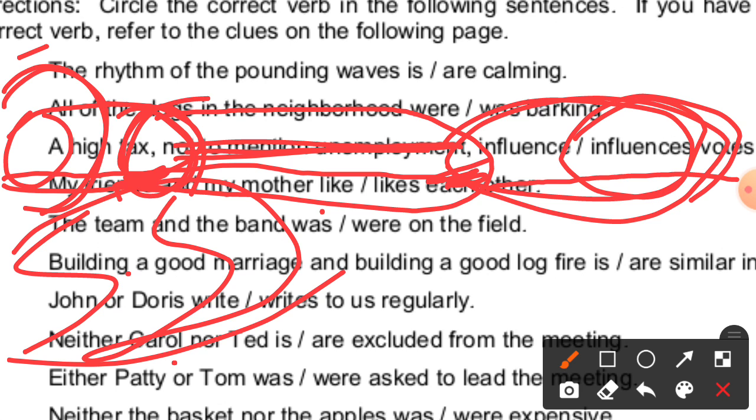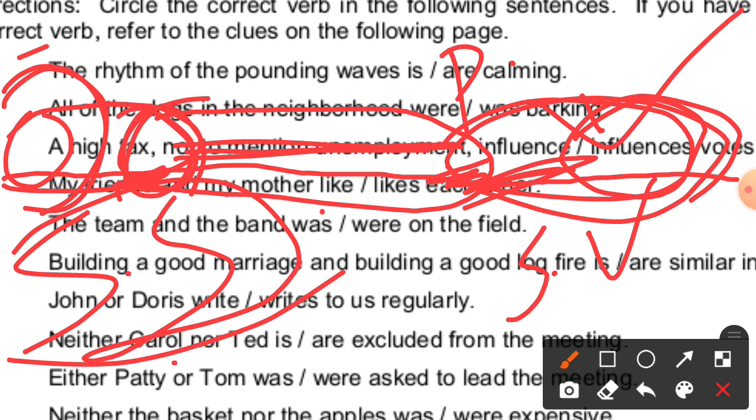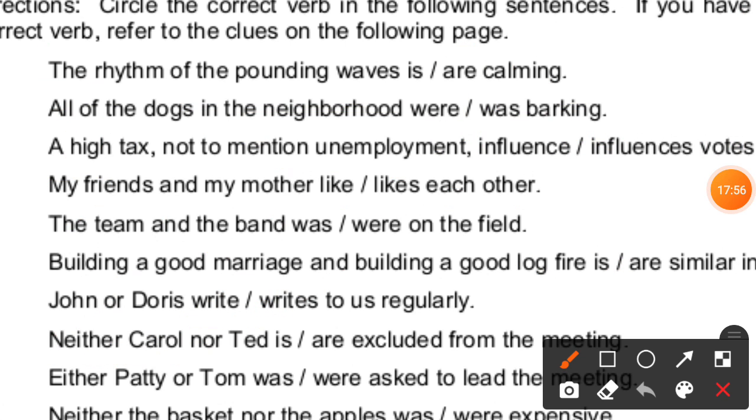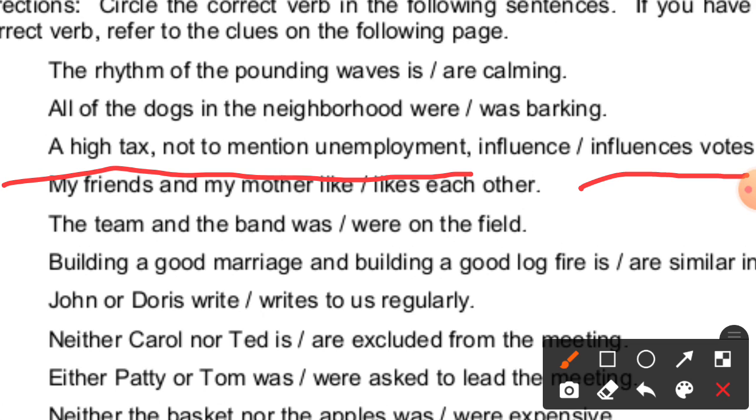So we need to choose a singular verb, and when S is given, we are very sure that it is a singular verb. Clear? And influence without S or ES is your plural verb. So the correct answer is: a high tax, not to mention unemployment, influences votes. Clear, my dear? Now let's move to the next sentence.